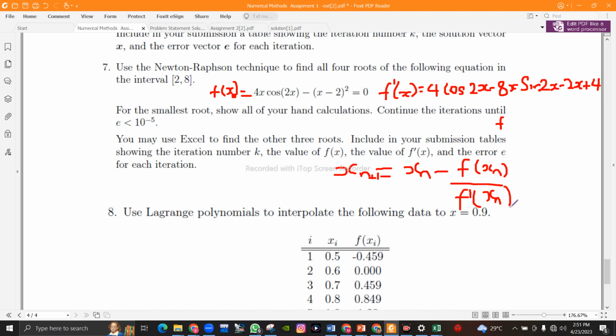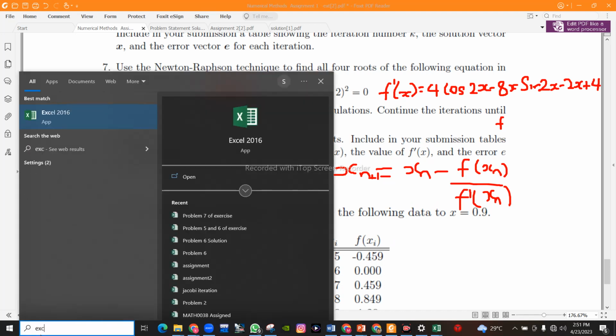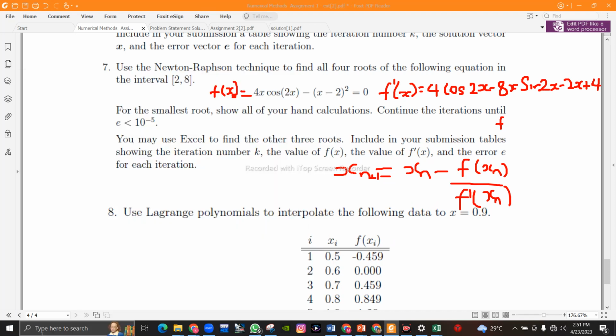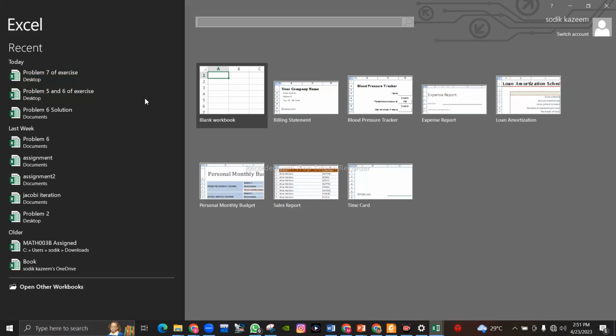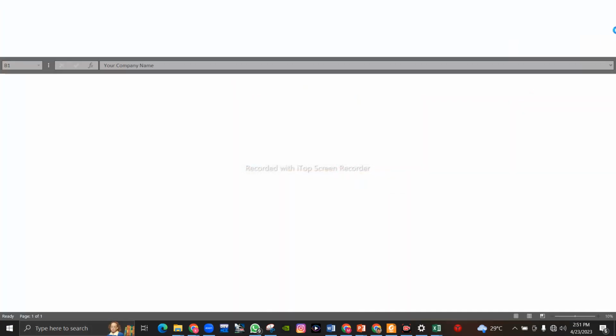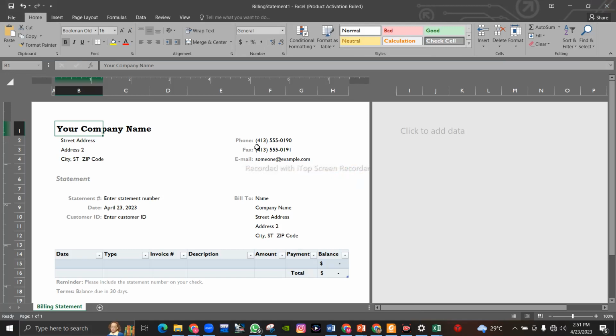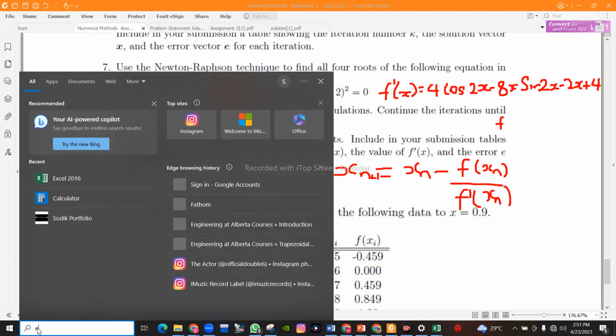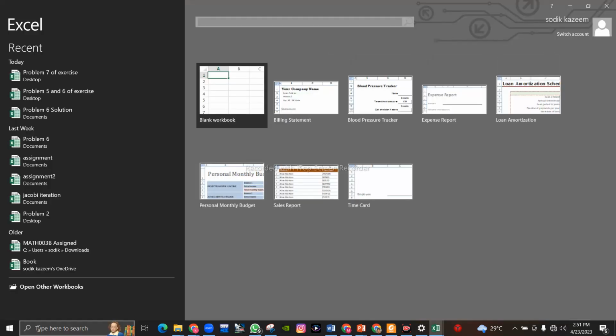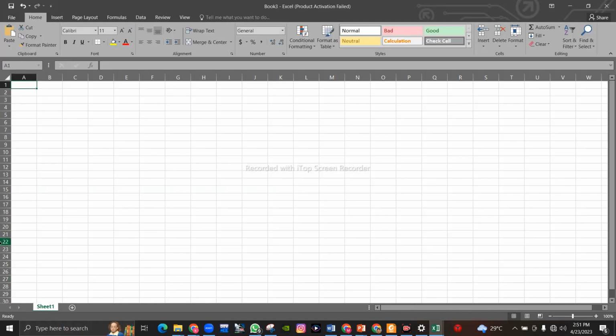So let's open Excel. A new Excel, save. So I want to use the Newton-Raphson method.